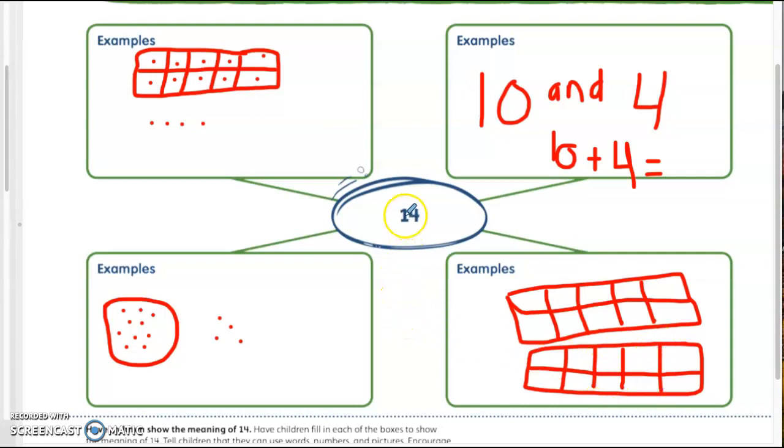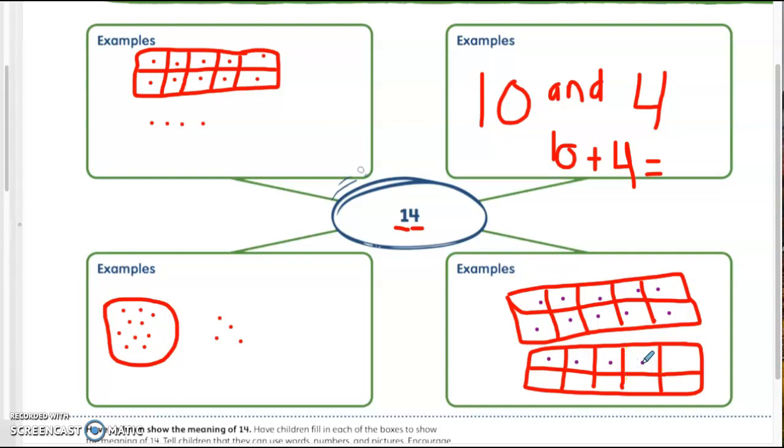If we take a look at this number 14, how many ones are there? There's 4 ones. How many 10s are there? There's 1 10, so you have to fill that whole chart up. That's how we get our 10, right? And then we would add 4, okay?